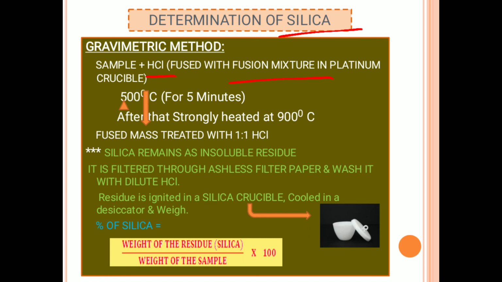Then the fused mass is treated with 1:1 HCl. Then silica remains insoluble as residue. That residue is ignited in a silica crucible, cooled in a desiccator and weighed. Then calculate the percentage of silica by using the formula weight of the residue, that is silica, by weight of the sample into 100.